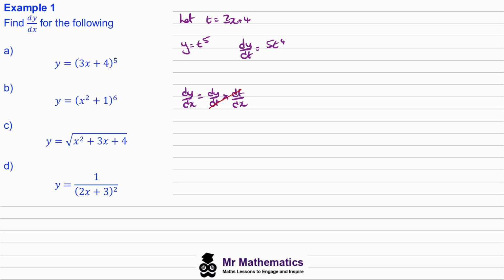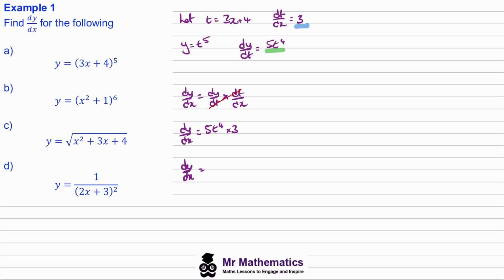So we need to find dt by dx. Well, if t equals 3x plus 4, then dt by dx will just be 3. So now we can use dt by dx and dy by dt. So dy by dx will be dy by dt, 5t to the power of 4, multiplied by dt by dx, which is 3.